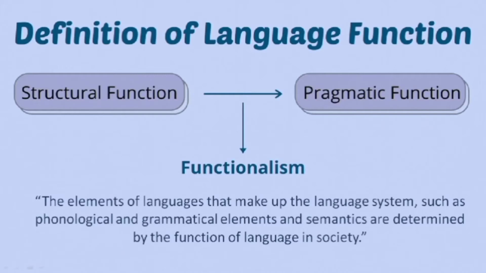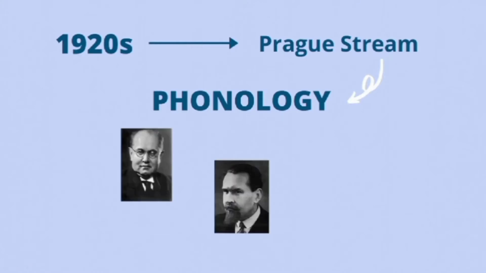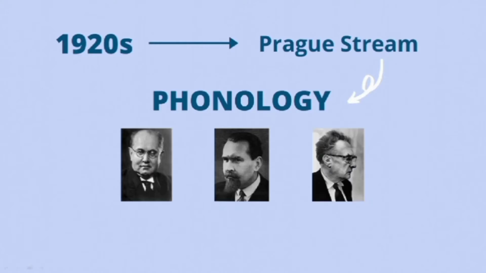This argues that the elements of languages that make up the language system, such as phonological, grammatical, and semantic elements, are determined by the function of language in society. Around the end of the 1920s, Europe developed its previous stream started in the field of phonology, with figures such as Mathesius, Trubetskoy, and Jacobson.